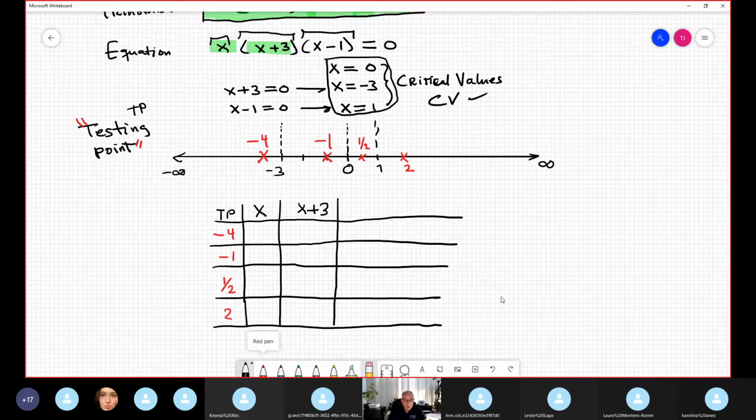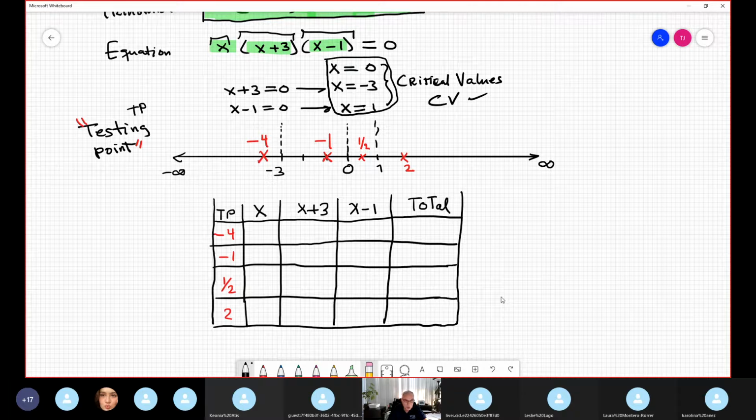One more. Well, we have x minus 1. It is the last factor. And finally, you create another additional column that I call total. Why total? Because in the total column, I summarize all the information that we need. And this is my famous table that I want to see in the test.